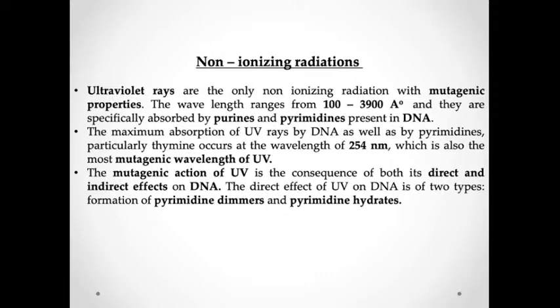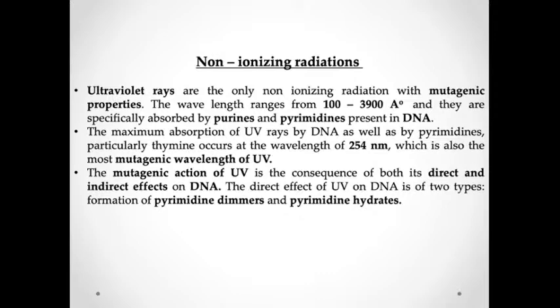The wavelength ranges from 100 to 3900 angstrom, and they are specifically absorbed by purines and pyrimidines present in our DNA. Further, the maximum absorption of UV rays by DNA as well as by pyrimidines, particularly thymine, occurs at a wavelength of 254 nanometer, which is also the most mutagenic wavelength for UV.